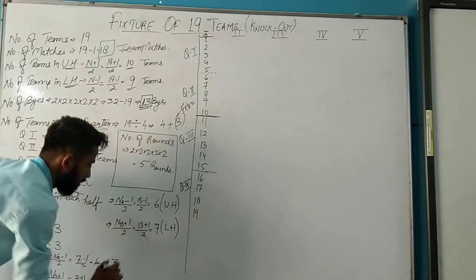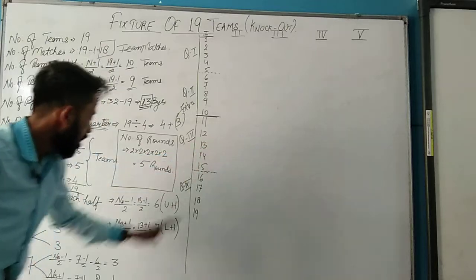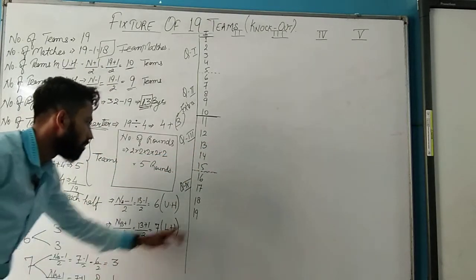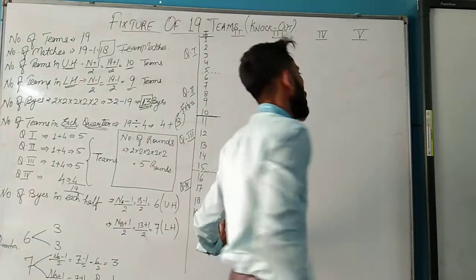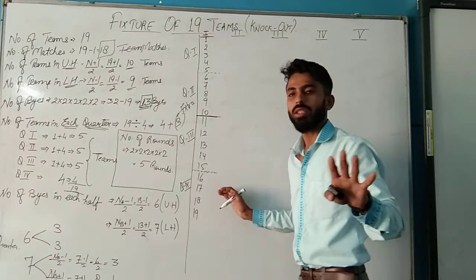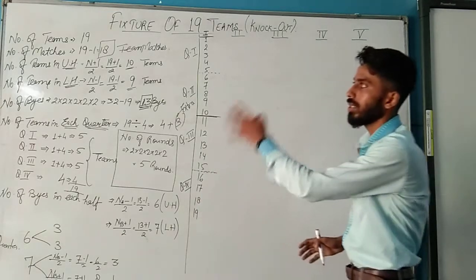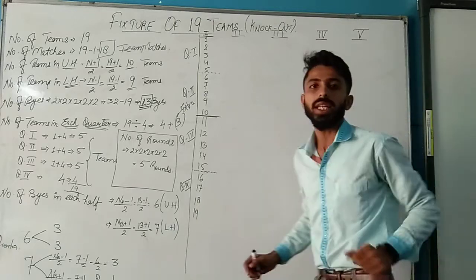That means 3 byes in quarter number 3 and 4 byes in quarter number 4. Means all the remaining 4 teams are going to be constituted with the byes. So this is the calculation regarding the fixture of 19 teams.